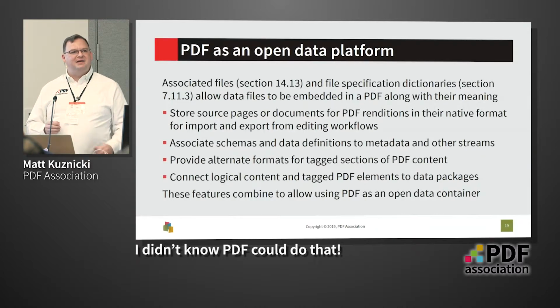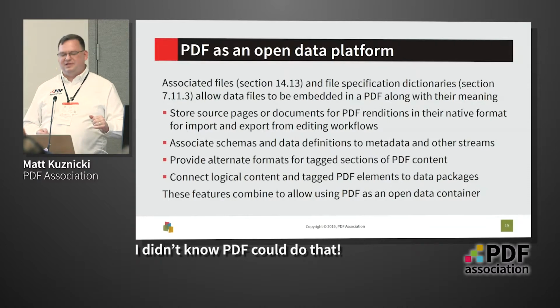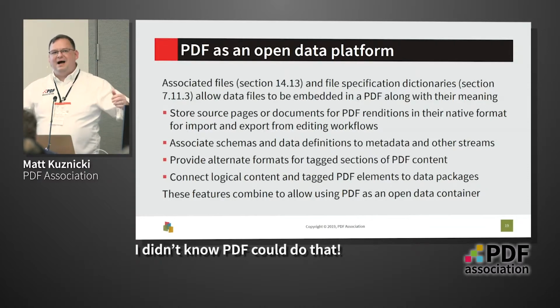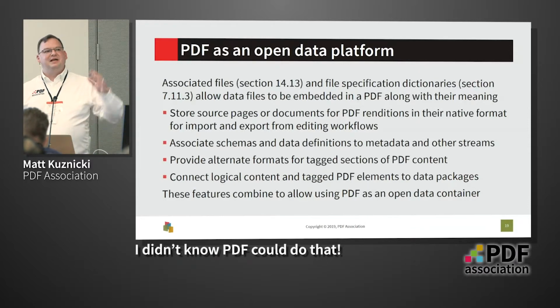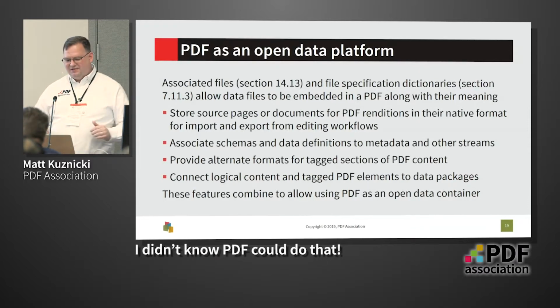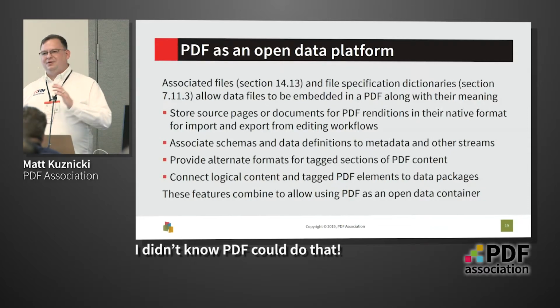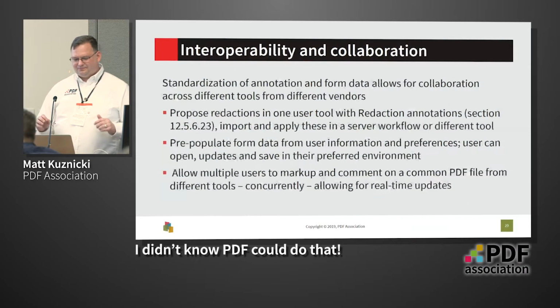We can embed MathML, for example, directly in with tagged PDF for extraction for those workflows that can take advantage of that. And we can connect up content and its tagged PDF elements to these packages of data. This all comes together to allow the use of PDF as an open data container.